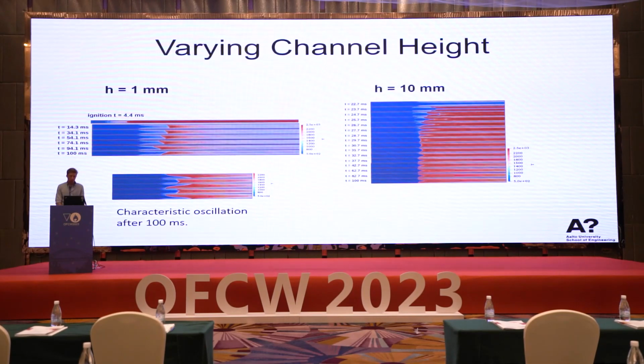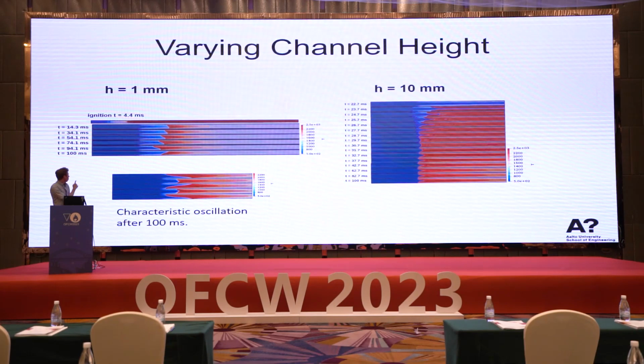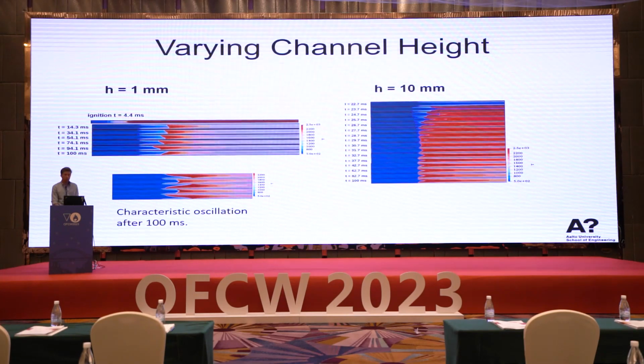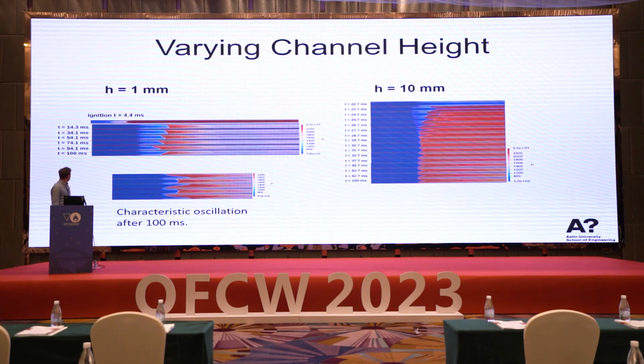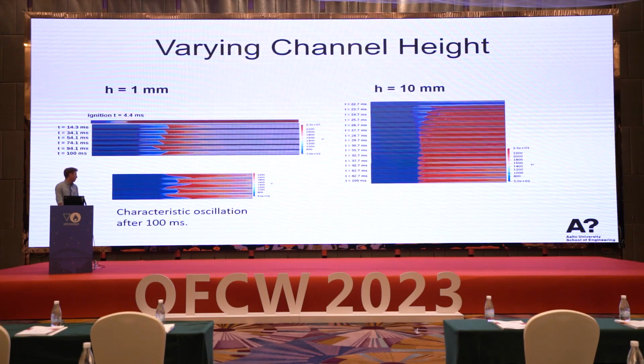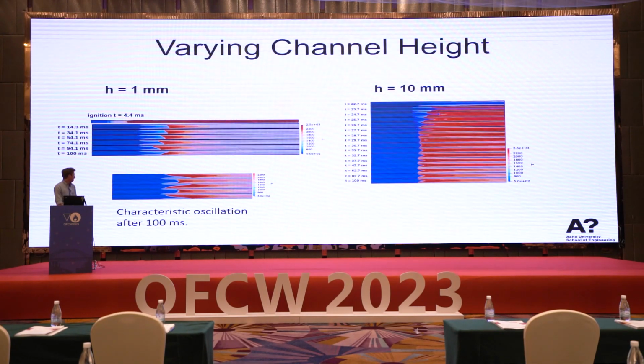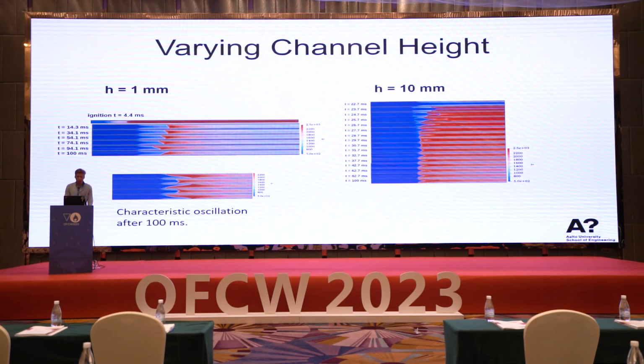Next, I varied the channel height, 1 mm and 10 mm. In the 1 mm case, ignition occurs much faster, and the flame itself is asymmetric from the get-go, and eventually, after 100 milliseconds, will lead to an oscillating flame.